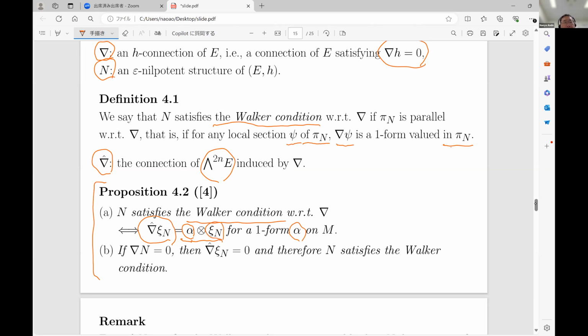If N is parallel with respect to nabla, then nabla hat Xi_N vanishes, and therefore N satisfies the Walker condition.